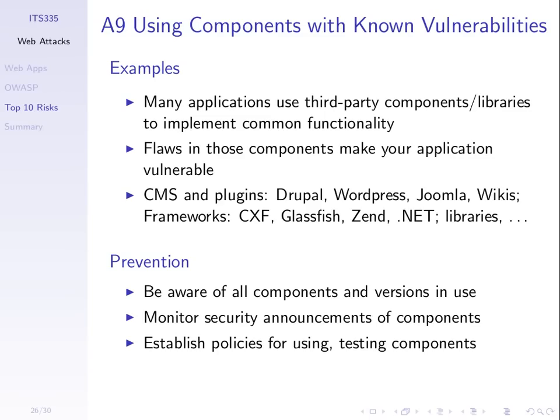If you use these other systems in your website, but these have bugs, then again, someone can try and attack your website. So it's important to be aware of all the components you're using in your website, and in particular the versions being used, and keep up to date as to any announcements on bugs in those components.